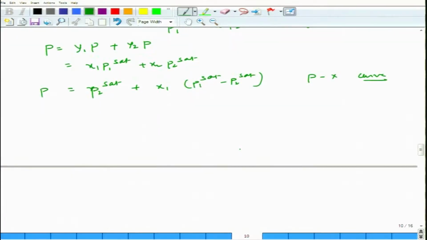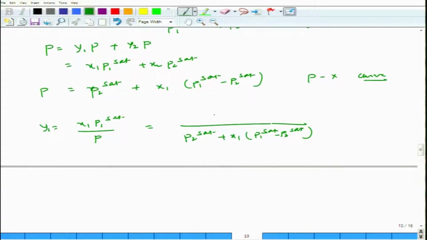Now my interest is the Py curve. So, I can write y1 as x1 P1 sat divided by P. I will start with this. Now, I can write P as P2 sat plus x1 (P1 sat minus P2 sat), and the numerator is x1 P1 sat.